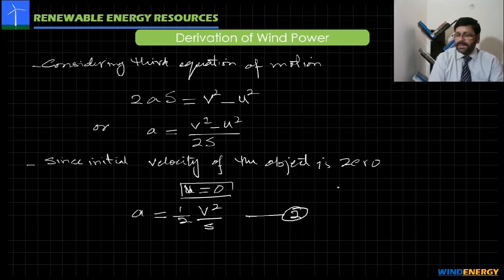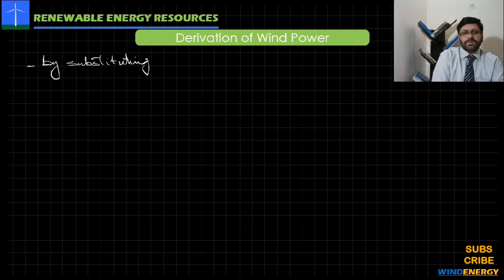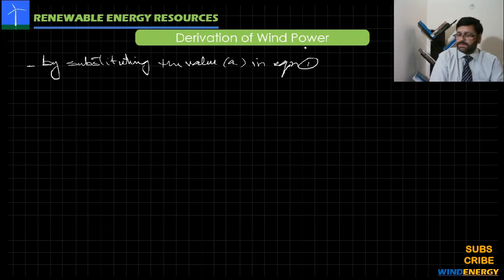Now by substituting the value of a in equation 1, we have E is equal to m of v square over s into s.